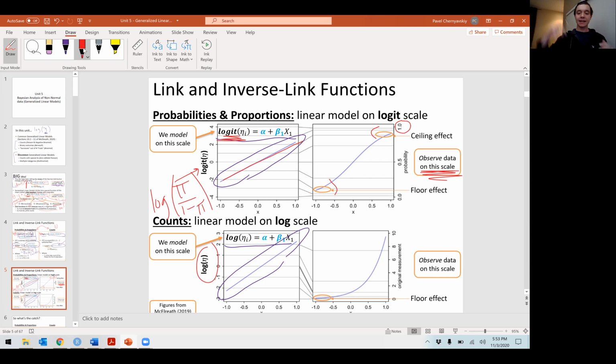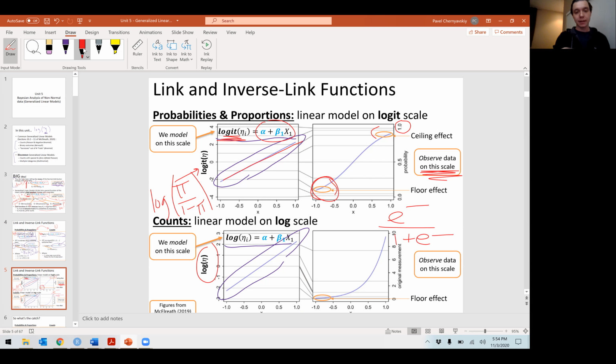And as our line continues getting closer and closer to negative infinity, this function doesn't let us get below 0. Why? Well, remember that the inverse link function is e to the something over 1 plus e to the something.